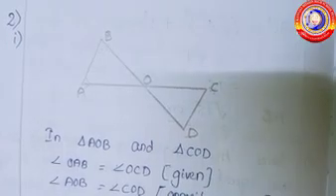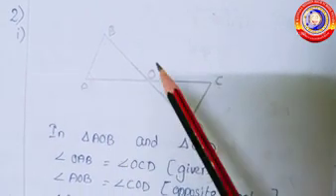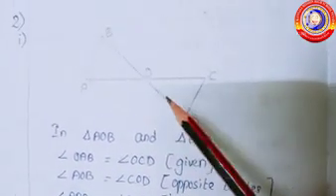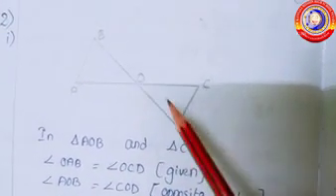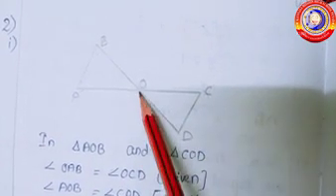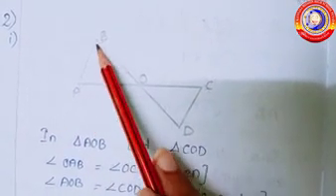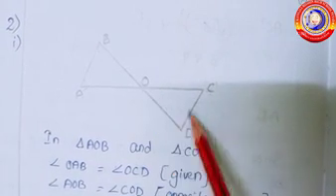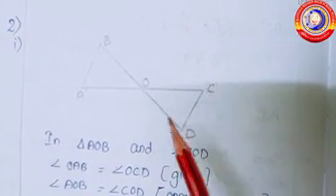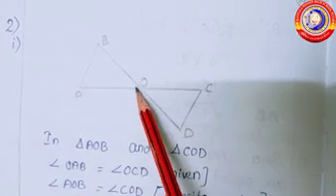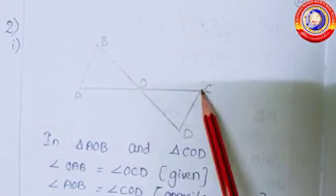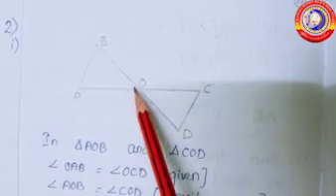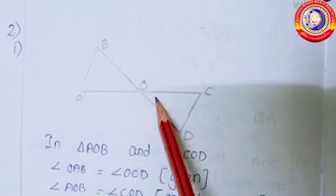So this is the figure. Here in triangle AOB and triangle COD, angle OAB is equal to angle OCD, which is given, and angle AOB is equal to angle COD. That is, the opposite angles are equal.